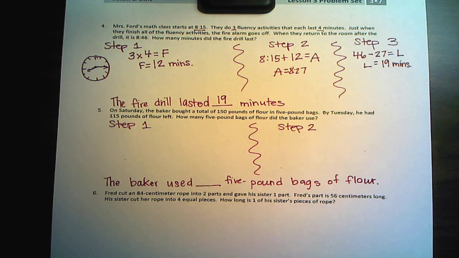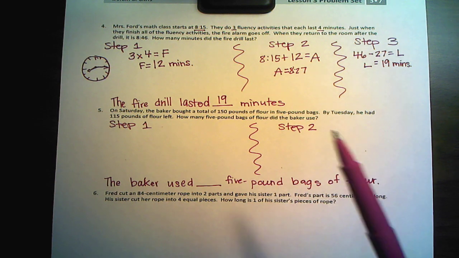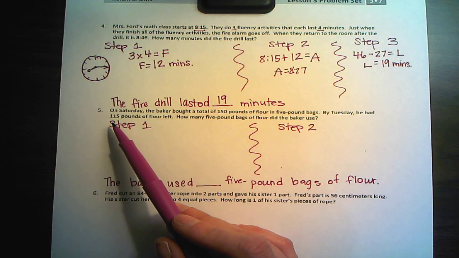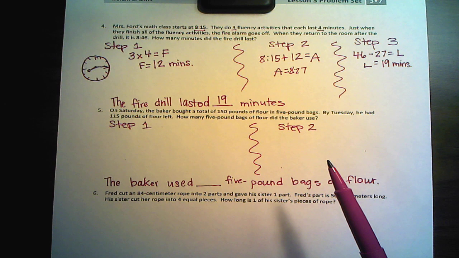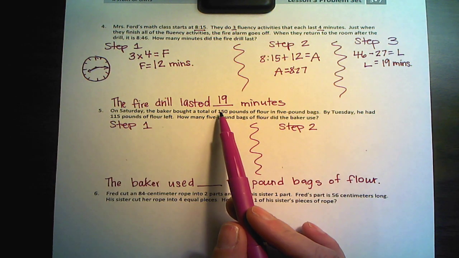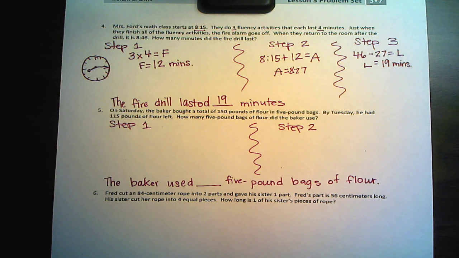Okay. Me too. What I would do is, we only really know a couple things, right? We know how much he started with and how much he ended up with by Tuesday. That's all we know. So I agree that we need to take 115 away from 150 to figure out how many pounds of flour he used, and then we can figure out how many 5-pound bags he used once we know how many pounds.